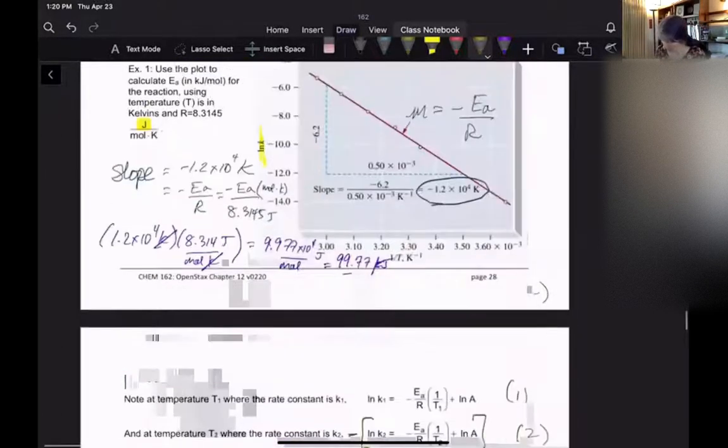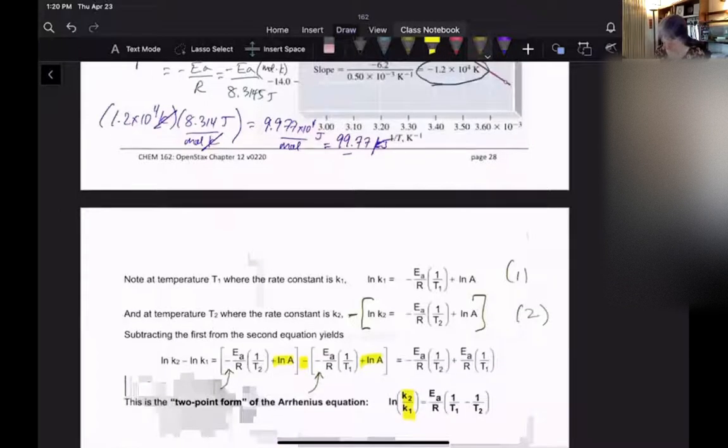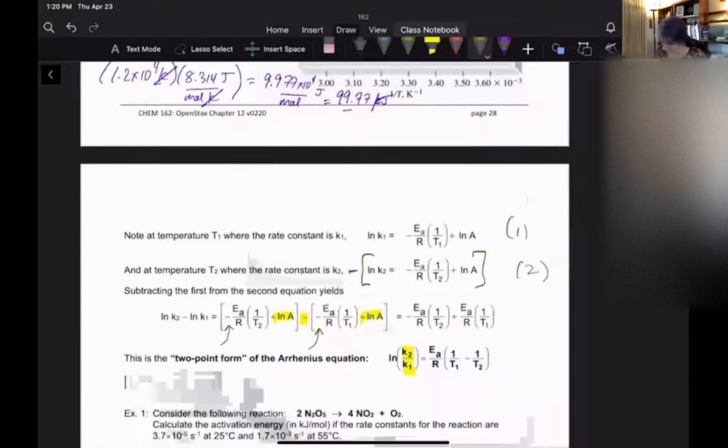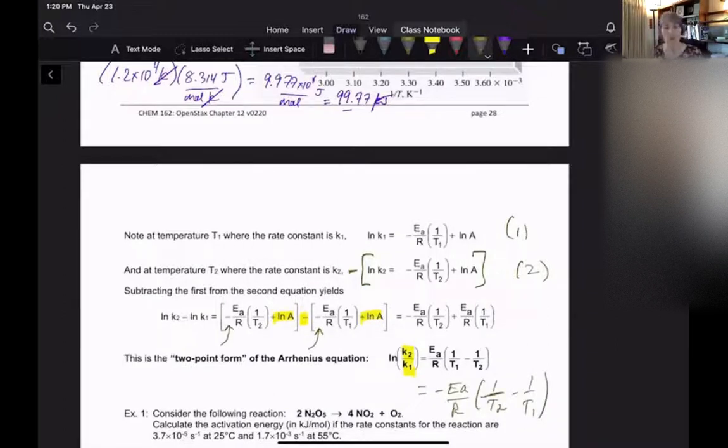So in order to keep that there, we just switch the order of the T's. The way it's written here is a little bit less conventional. It's usually minus EA over R, 1 over T2 minus 1 over T1. And that difference is that negative sign flipping the order of the T's.